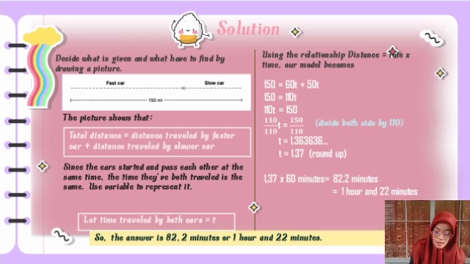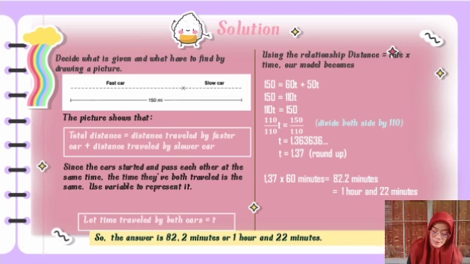Since the cars start and pass each other at the same time, the time they have both traveled is the same. Use a variable to represent it. Let the time traveled by both cars equal t.